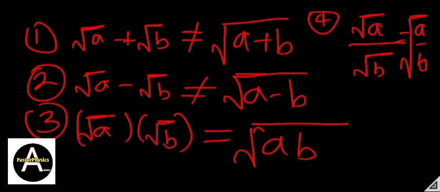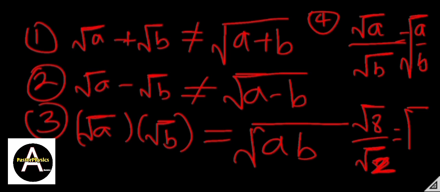Which means that if I say something like root 8 over root 2, I can as well say this is the same thing as root of 8 over 2, right? And 8 over 2 is the same thing as what? 4. So that is root 4. And that's equal to what? 2. So I've just succeeded in simplifying that problem.